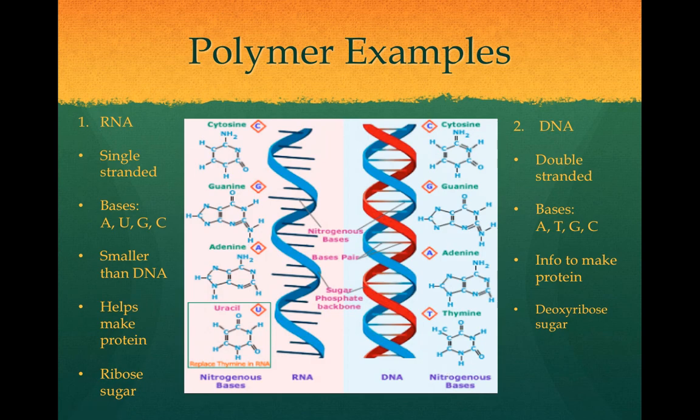DNA is the information to make protein, so it's an information storage molecule. It can't do anything on its own. It can't actually make the protein. It needs RNA's help to do that, but it just stores the information, kind of like a safe. And the sugar is called a deoxyribose sugar, which is why it's called deoxyribonucleic acid.